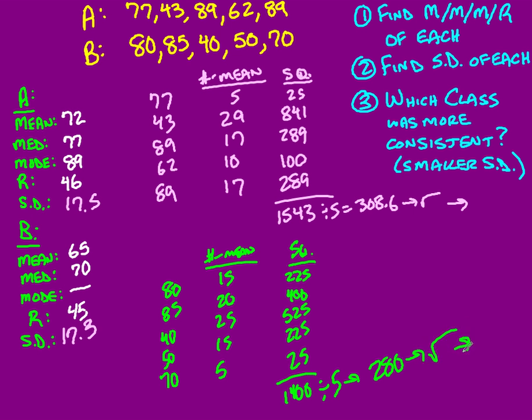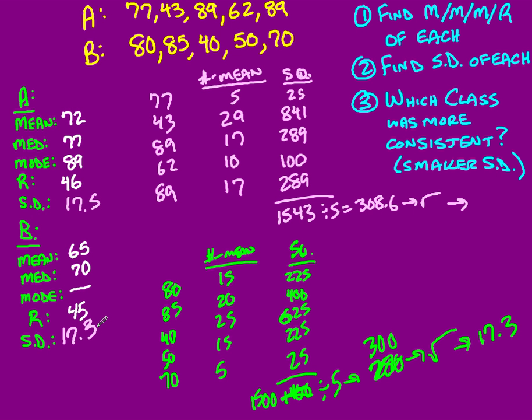The square root of 280 should be, oh, where did I go wrong? I tried to go too quickly. This is 625, which means this should be 1,500. So 1,500 divided by 5 gives instead 300. I take the square root of 300, and I get 17.3, like we said it needed to be.